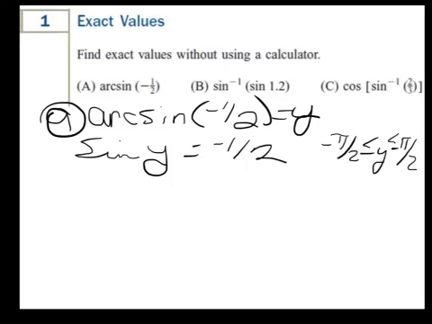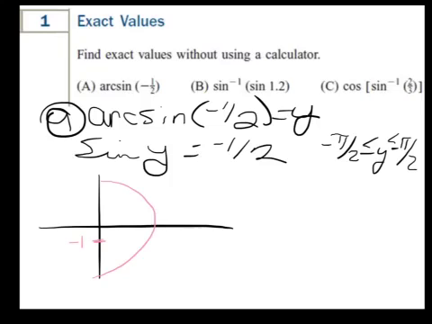And it is. So if we draw ourselves a reference, now remember we're only dealing with from here to here, -pi/2 to pi/2. So if I know that my y value is going to be -1 and that my r is going to be 2, I've got this triangle, this is -1, and this is 2.